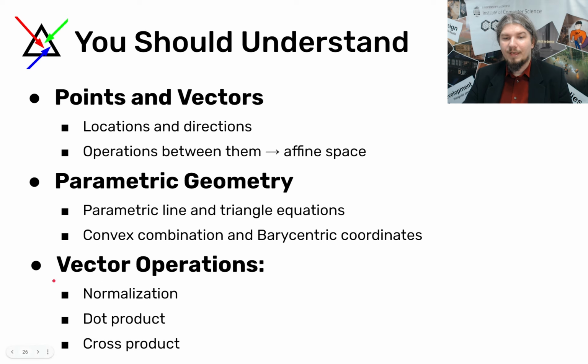And we also saw some vector operations, and normalization is something you will need very often. Dot product is very useful and you will need it often. Cross product you won't need that often, but it's useful to understand how it works, and we will use it later on, but it's not that important if you don't remember this by heart, as long as you know normalization and dot product by heart.